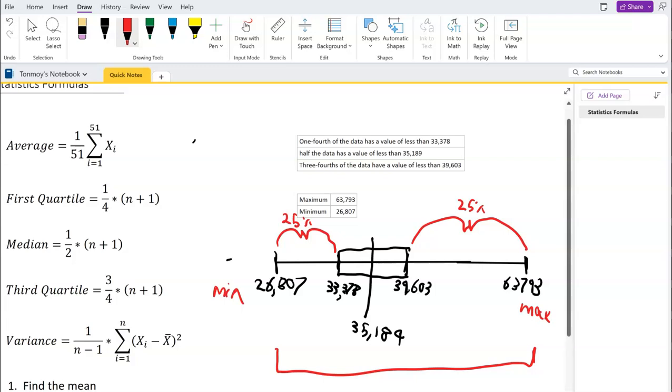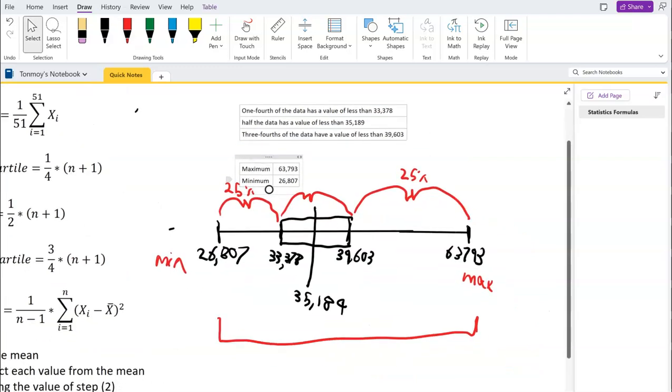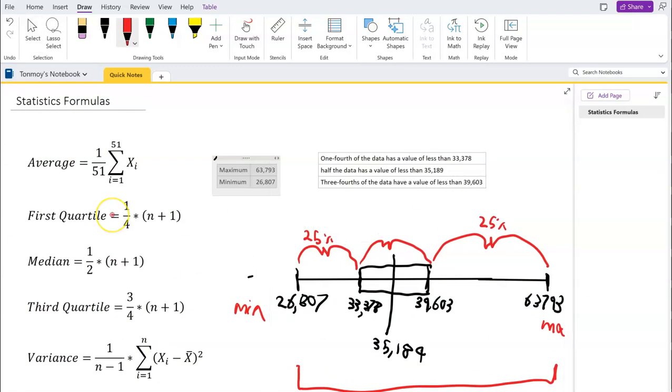And this is telling me that 50% of my data is in this range. This is the first quartile, that's the third quartile, and this is the median. So this box plot, which is the black part, is telling me how the data is distributed. And it's a very nice, easy way to see the spread of the data.